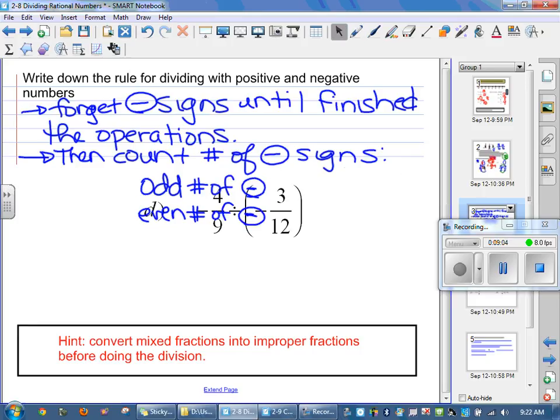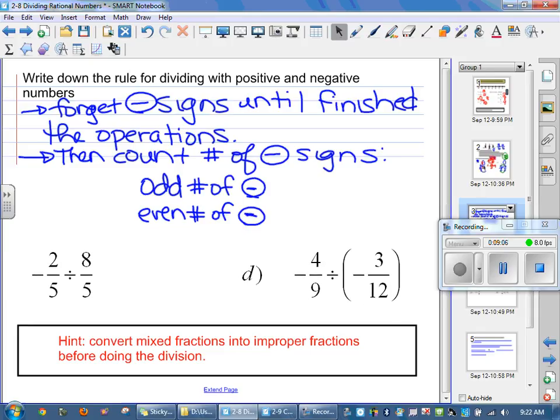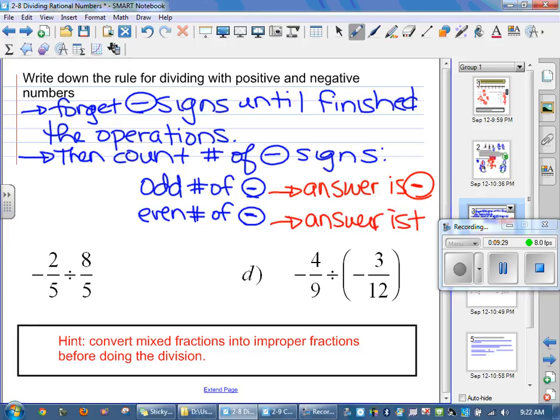Okay, so if you've got an odd number of negative signs, what do you know that your answer is going to be? Negative. Good. So the answer is negative. If you have an even number of negative signs, the answer is positive. Good. Okay, your answer is positive.